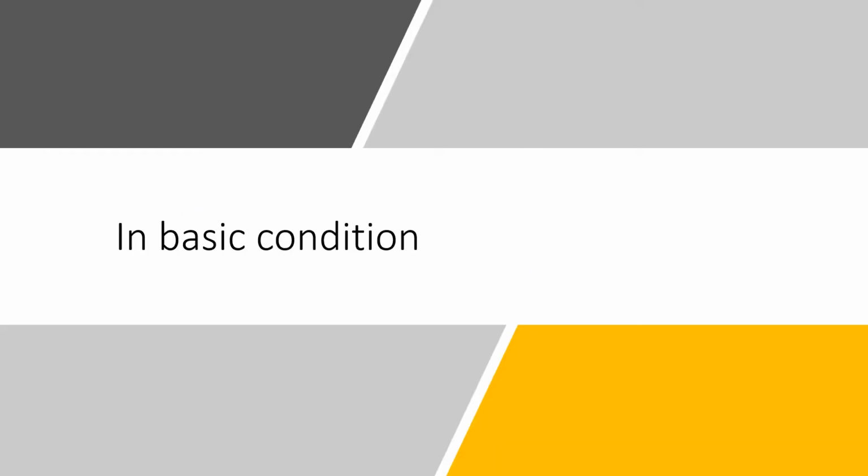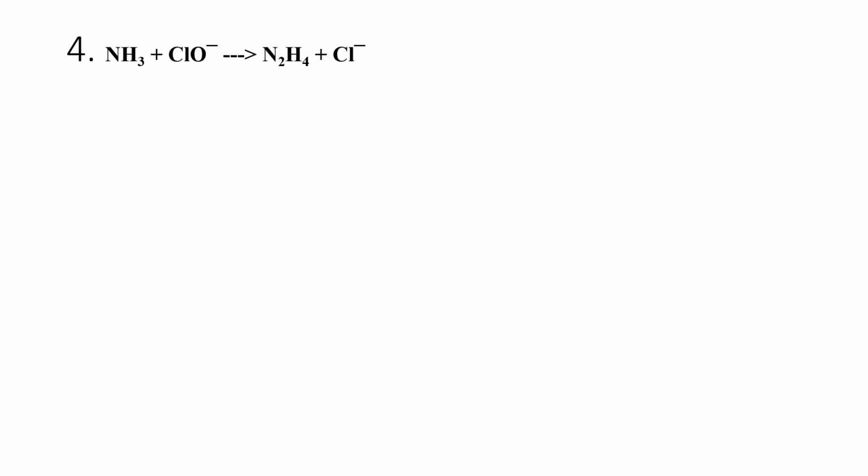What if the condition of the reaction is basic condition? The way is the same, but we add some step after we finish balancing the equation. In basic condition, the same.